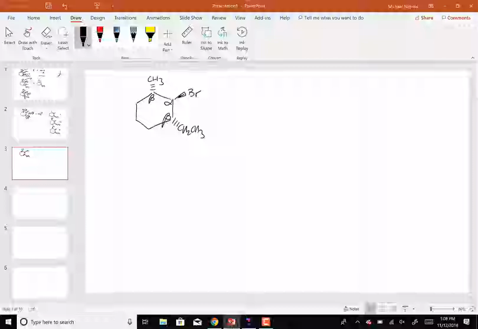Label the alpha and beta carbons. Now what should I do? Figure out if those hydrogens are anti-periplanar to the leaving group.